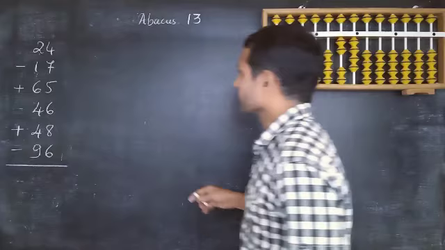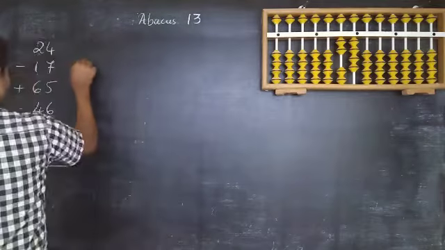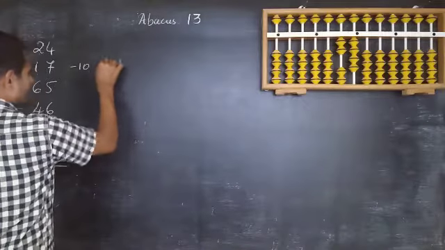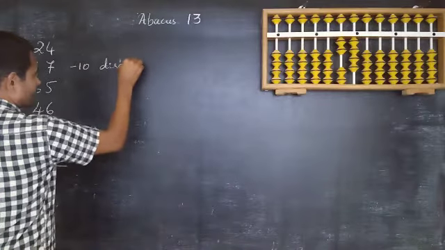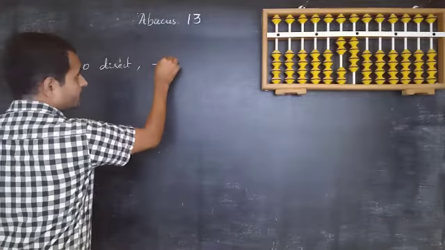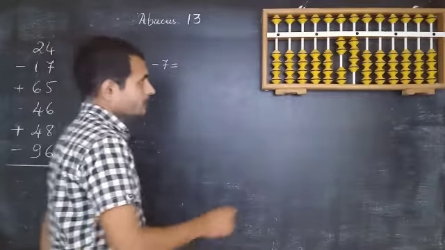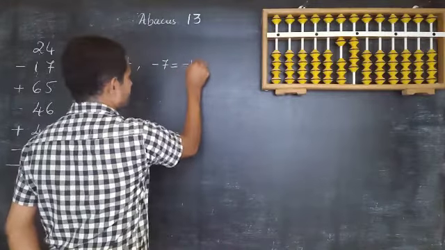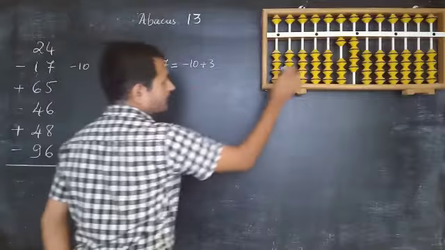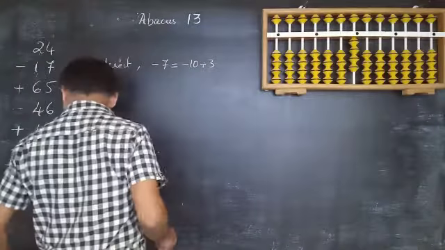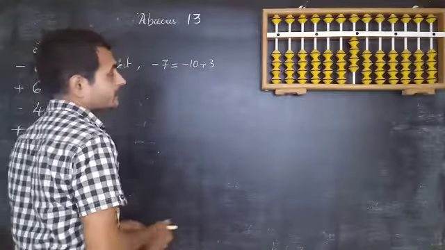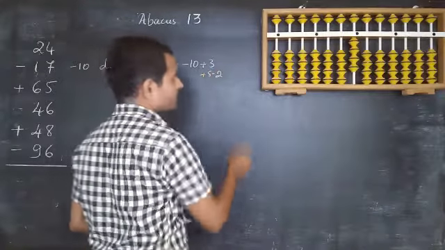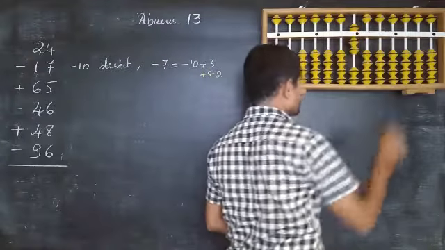24 minus 17: minus 10 direct, minus 7 is equal to minus 10 plus 3. So minus 10 plus 3, plus 3 is done by plus 5 minus 2.